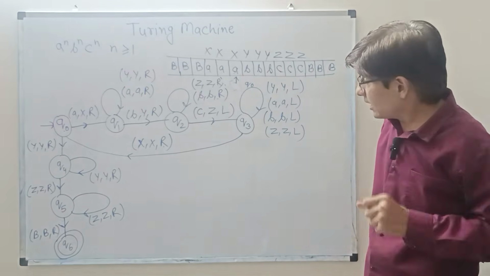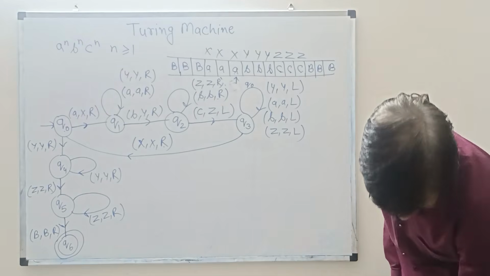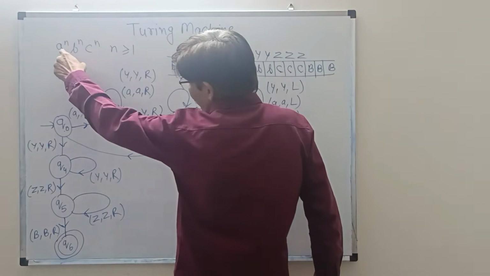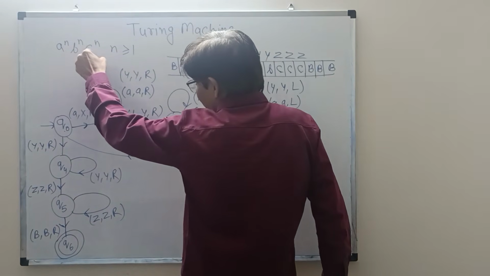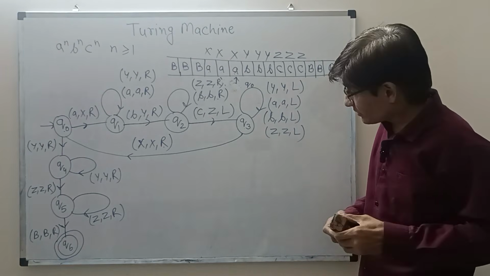Now I will tell you a very important thing about this. I hope you have understood the logic for a to the power n, b to the power n, c to the power n, where n is greater than or equal to 1.